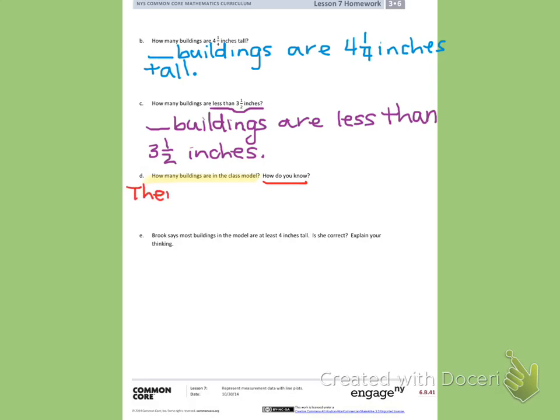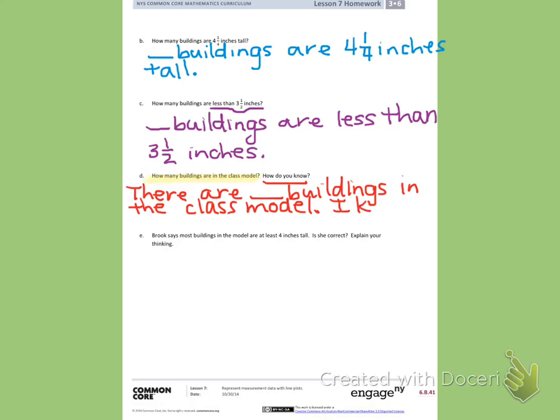There are blank buildings in the class model. Now we need to know how you know.